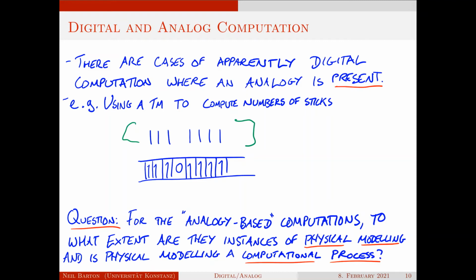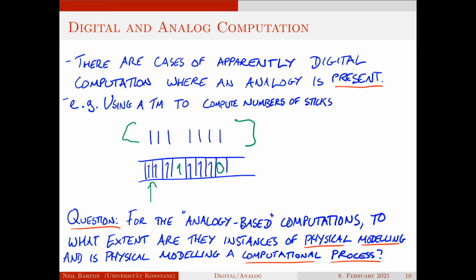And I can very accurately model this situation with a particular Turing machine, right? In fact, we can use the old algorithm that we talked about for computing the length of 2 blocks of strokes, where we go to the end, we rub out that one, replace it with a 0, then we go back, we find the 0 in the middle, we put a 1 there, and then we go back and we halt on the leftmost stroke.